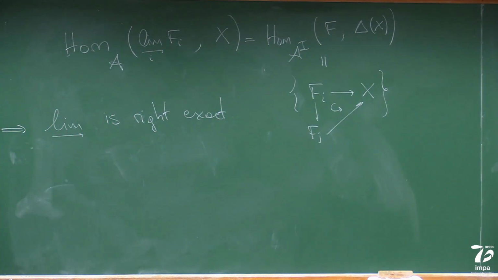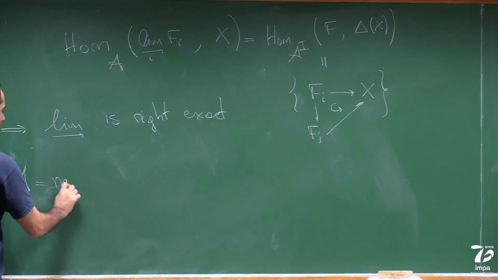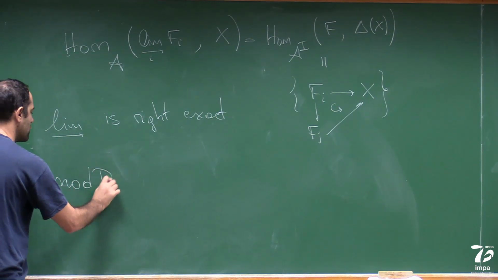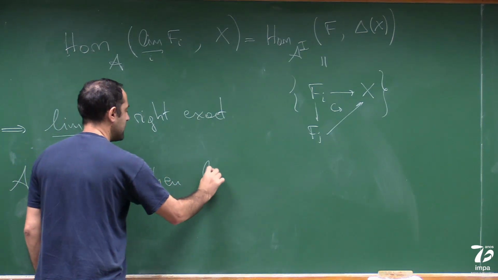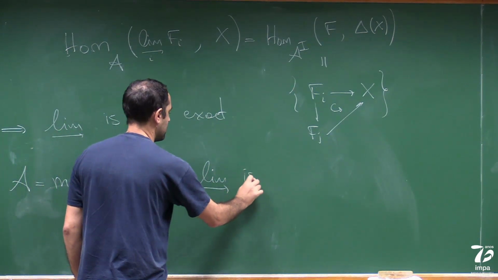Because it's simply the left adjoint to a functor. So it has to be right exact. Okay. So the next one does not come for free, and is if the category A is mod R for a ring, so modules over a ring, then this guy is actually exact.